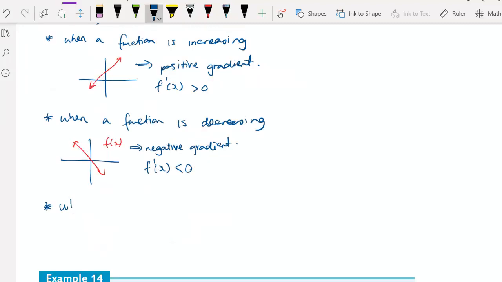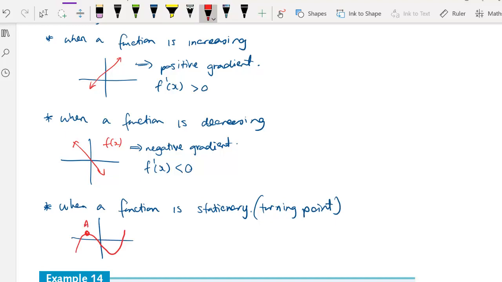Now finally, when a function is neither decreasing nor increasing, it's going to be stationary. And so that means we're looking at something like a turning point, at points A and B. Then the gradient in this case will be 0, and therefore the derivative will also be equal to 0.